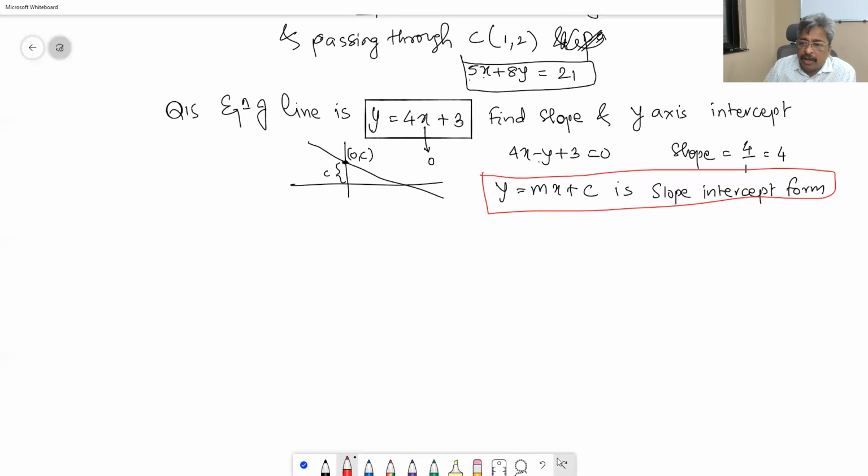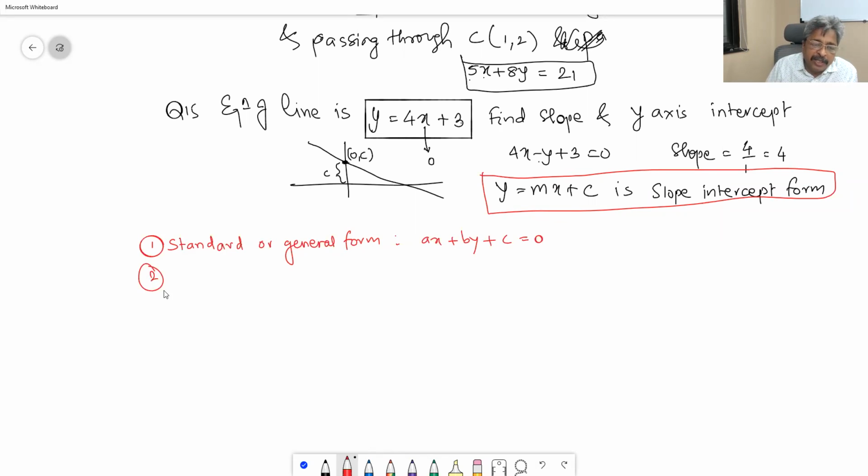So we have learned 3 forms. 1, the standard or general form, which looks like ax plus by plus c is equal to 0.